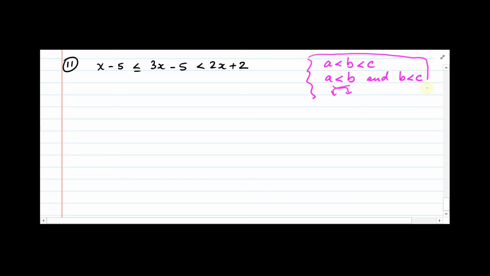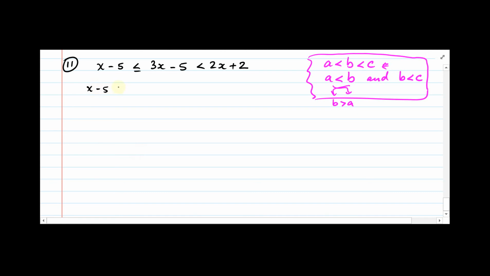I just want to get to the nitty-gritty of the meaning of this combined inequality in line 1 and separating it into its two parts. So let's do that here.